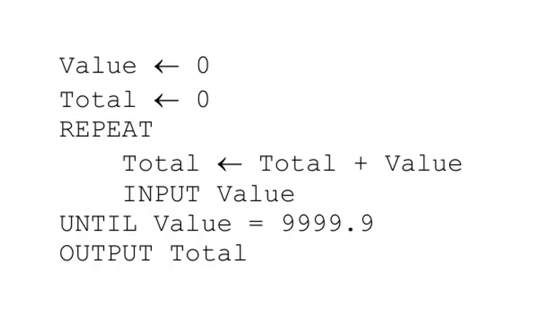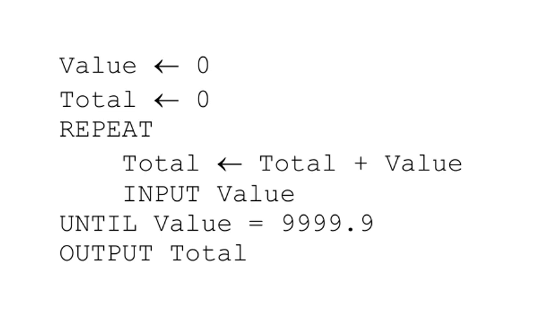So we will take the first value, total is 0. Total is equal to total plus 0. Input values. When you enter any number, for example 5, is it equal to 9999.9? No. So it will repeat again. Total is equal to total plus input value.